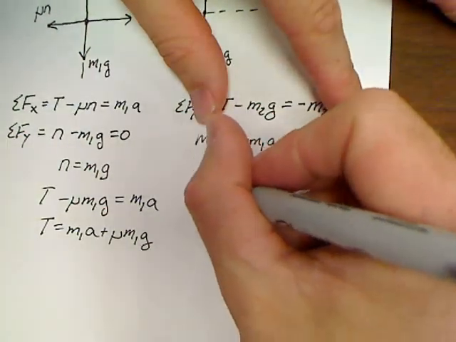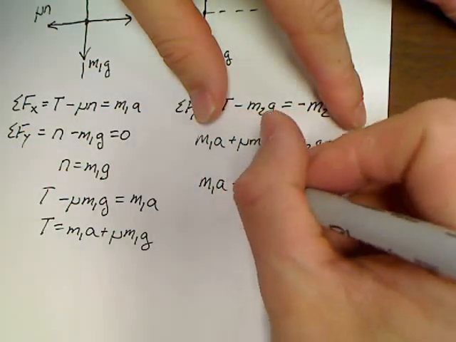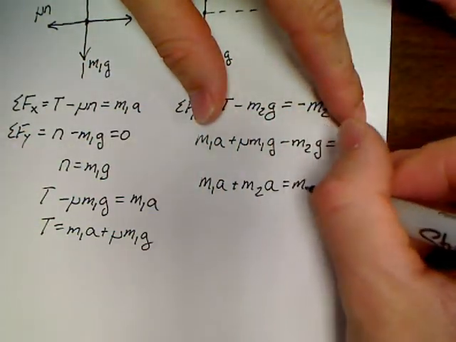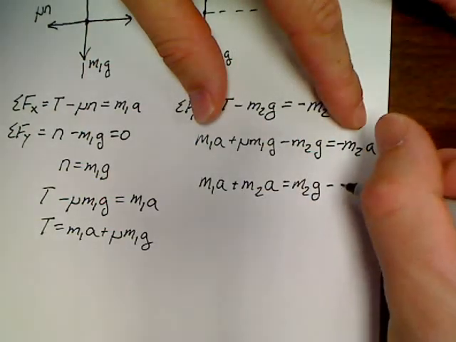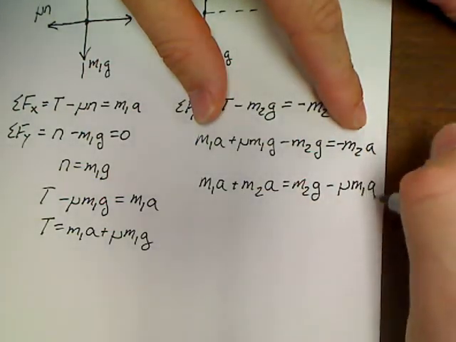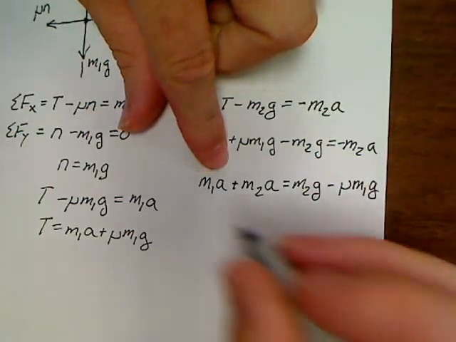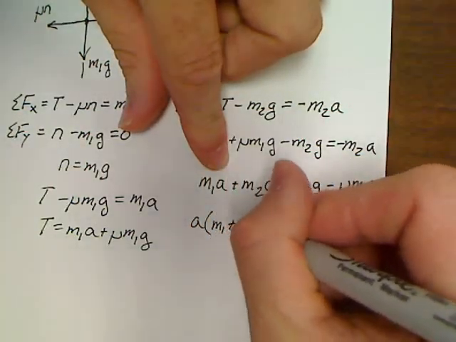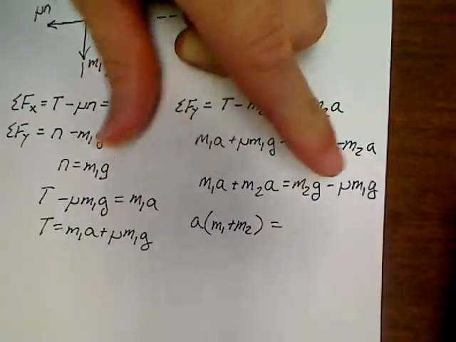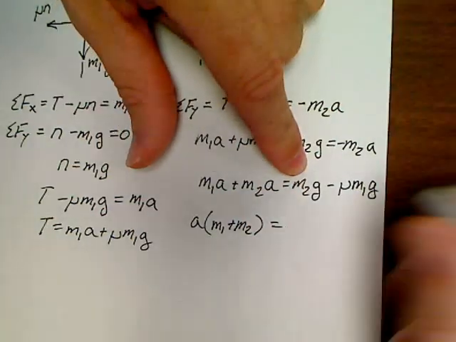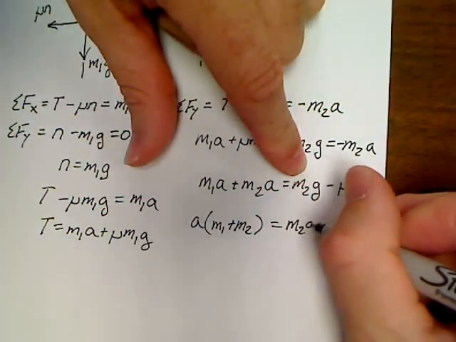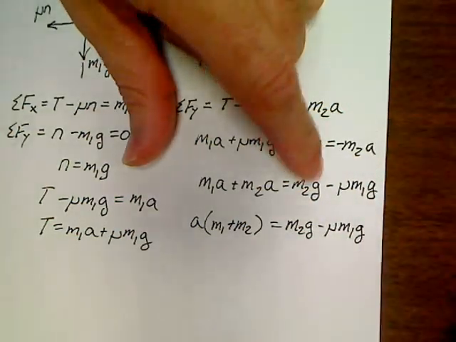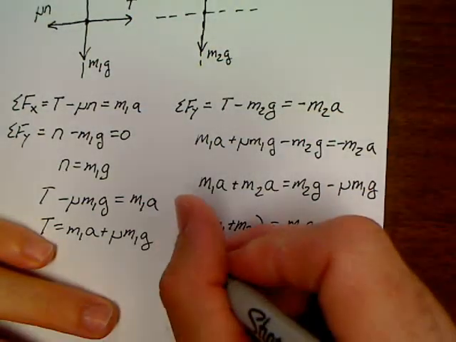So we end up with M1A plus M2A equals M2G minus mu M1G on the other side. Factor out the A: A times M1 plus M2 equals M2G, we could factor G out of this if we wanted, I'm not going to do it, minus mu M1G, and we could plug in our numbers now.